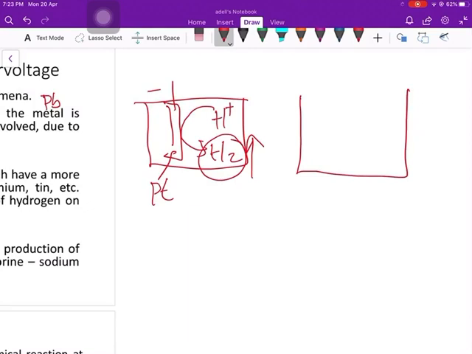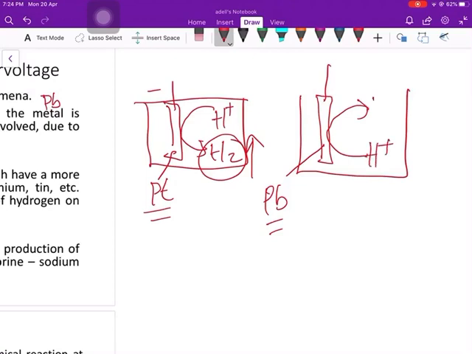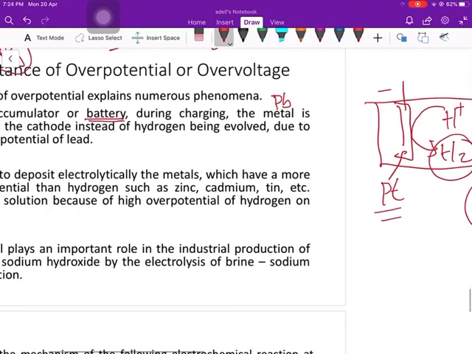That's why in acid batteries they use lead instead of platinum, because on lead, hydrogen ion will not form hydrogen gas; on lead, hydrogen evolution is very, very slow.